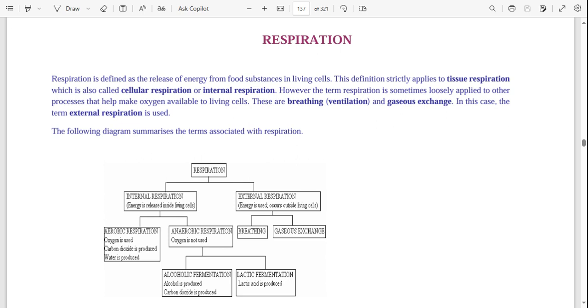When you are breathing and you don't have enough oxygen, this can be applied in two processes: alcoholic fermentation and lactic fermentation. Think of a person who is running so fast that they run out of air. The body will start making lactic acid because there is not enough oxygen. We'll describe all these processes much more.